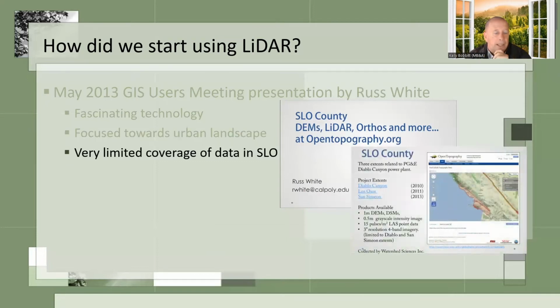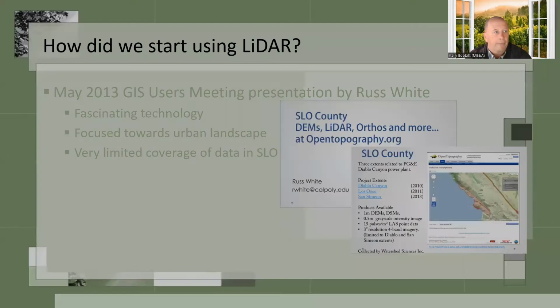And when I went back and investigated, this is neat technology, how can I use it? I found that back then there was very little coverage, just along here because of Diablo and a few other things along the coastline. Not a lot of vineyard type areas for me. So it kind of went onto the back burner.